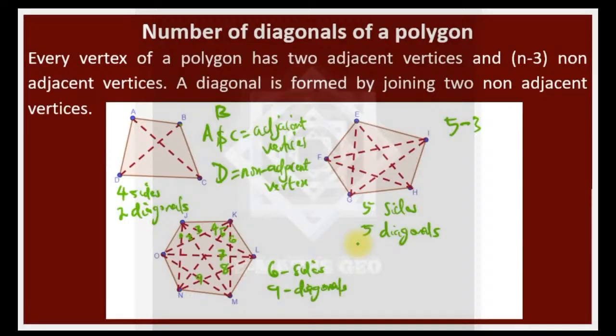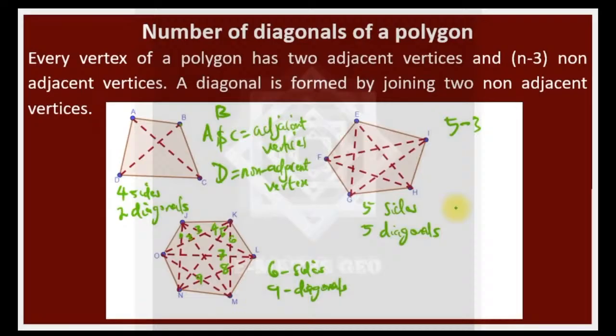So what do you notice? We can use our common sense here. Since we are forming a diagonal with non-adjacent vertices, each of the vertices will have n minus 3 non-adjacent vertices.